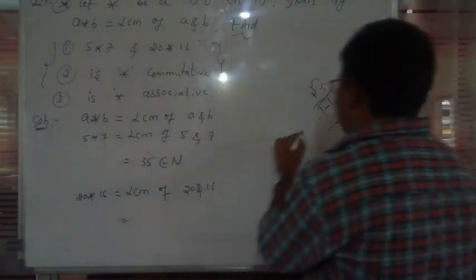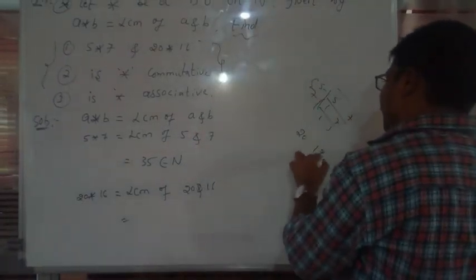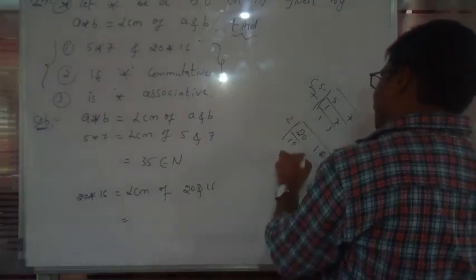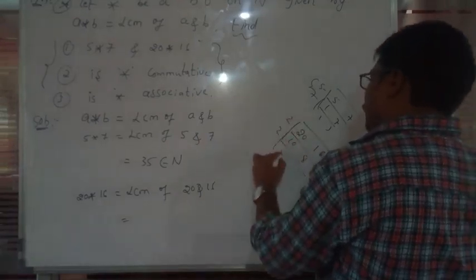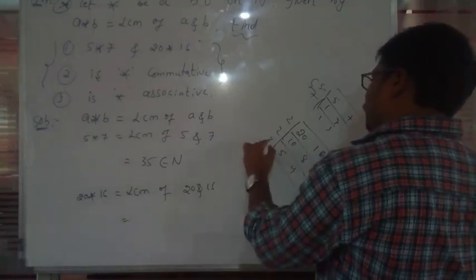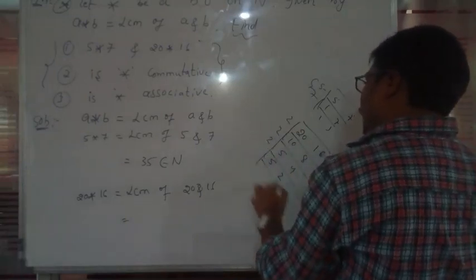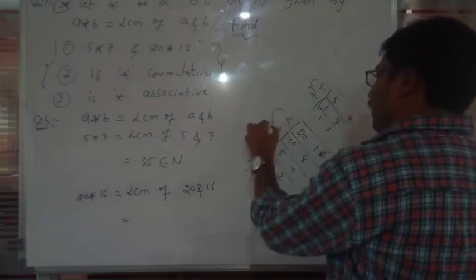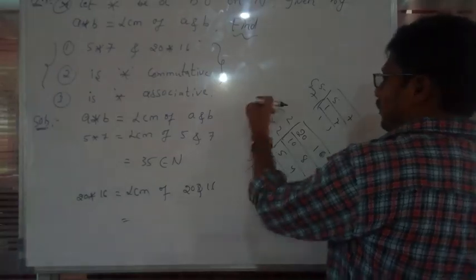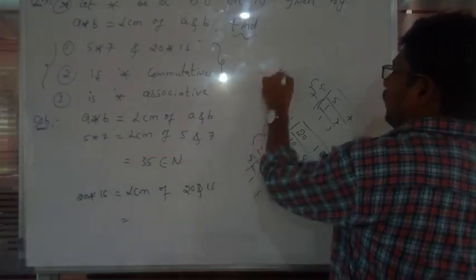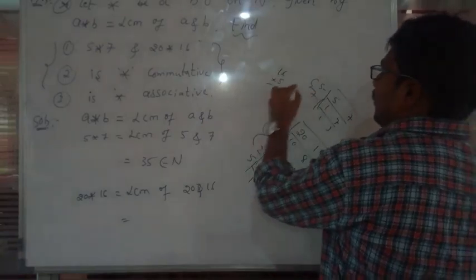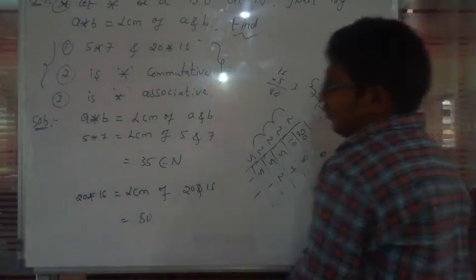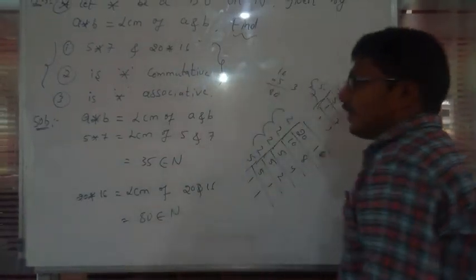Taking common factors 2, 2, 2 and 5, 4, 1, the LCM is 16 into 5, that is 80. The answer is 80. So 20 and 16 belong to the natural numbers, and this 80 also belongs to the natural numbers.